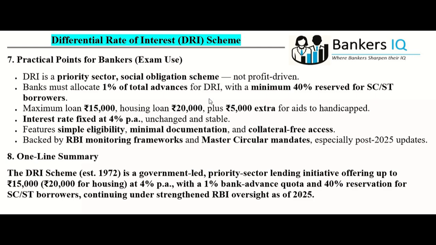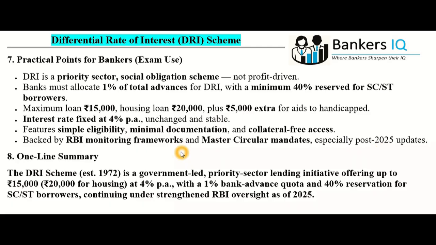If it is housing loan, maximum loan amount is 20,000 rupees plus 5,000 extra for aids to handicapped. Interest rate fixed at 4% per annum, unchanged and stable. Features simple eligibility, minimal documentation and collateral free access. So backed by RBI monitoring frameworks and master circular mandates, especially post 2025 updates.